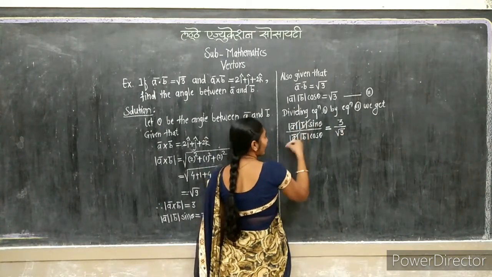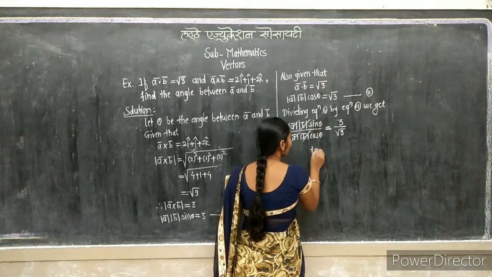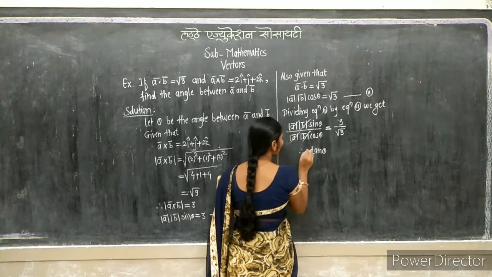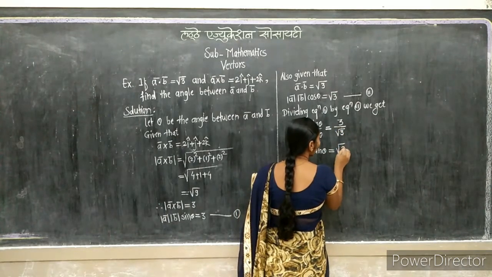The magnitude of a bar and magnitude of b bar get cancelled. Sin theta upon cos theta is tan theta. Therefore, tan theta is equal to 3 upon root 3, which is root 3.